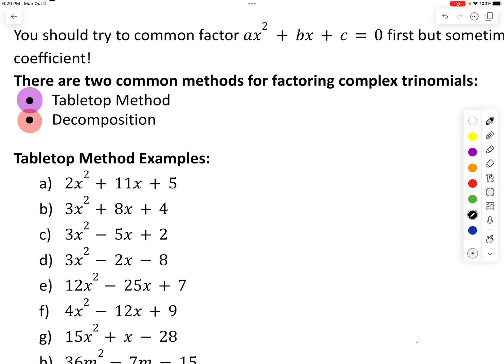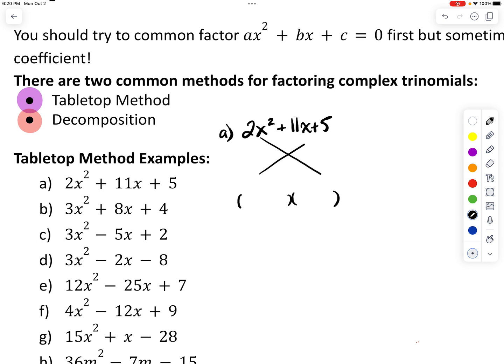Okay. So for tabletop, I'm just going to write this question A over here. 2x squared plus 11x plus 5. And ultimately I want to factor it into two brackets.